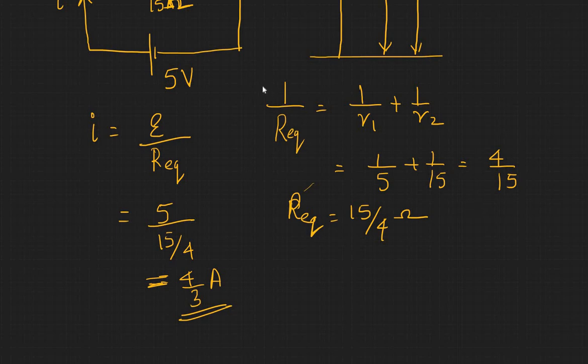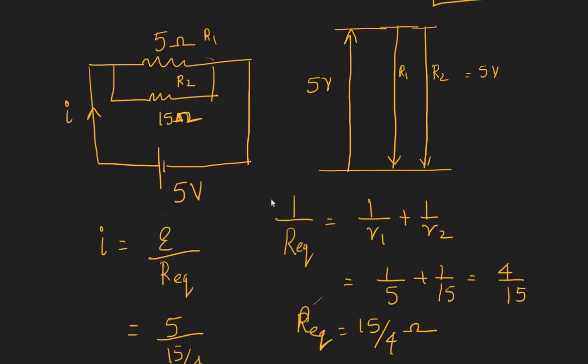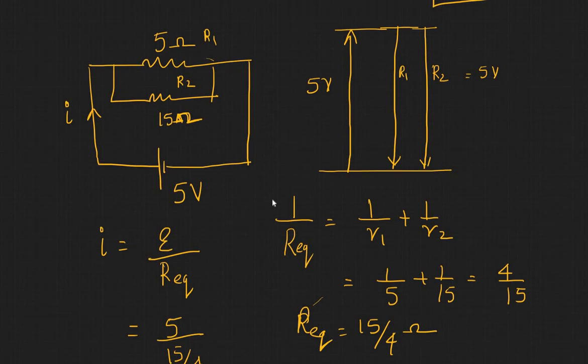You can also find what will be your I1 and I2. You know that your I1 is going to be E by R1, or in other words, the drop here will be 5 volts. So that's 5 by 5, that's 1 ampere.